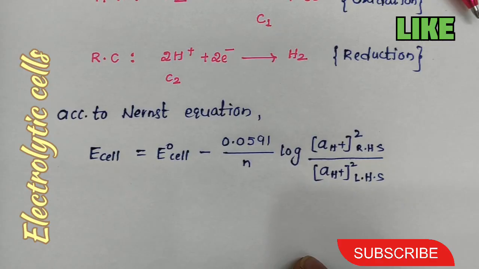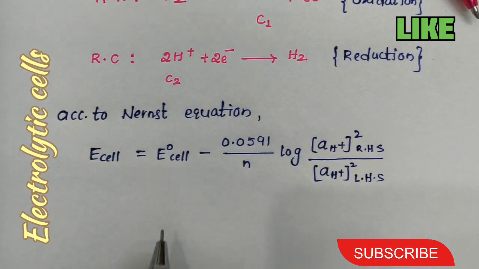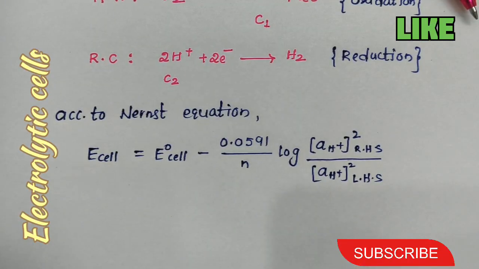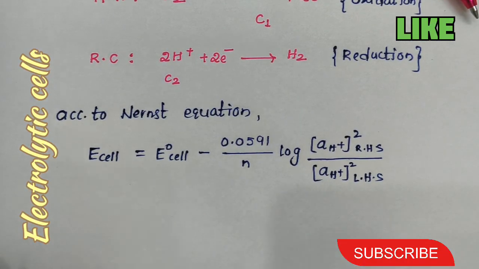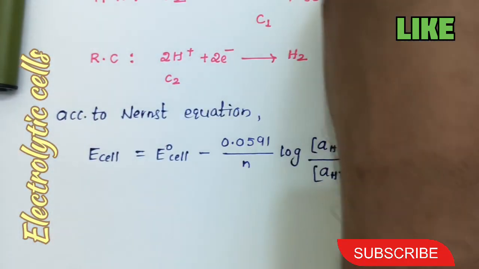By using this, what we can finally write: the E0 cell of hydrogen at anode and cathode, both sides it is 0 only. So E0 cell value is 0.